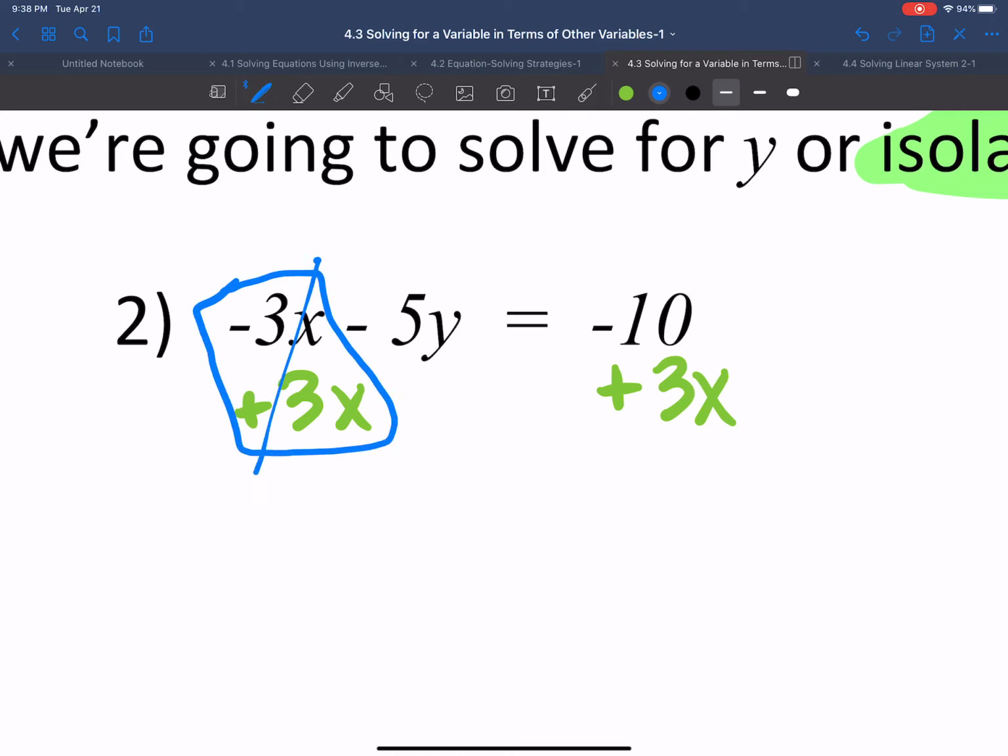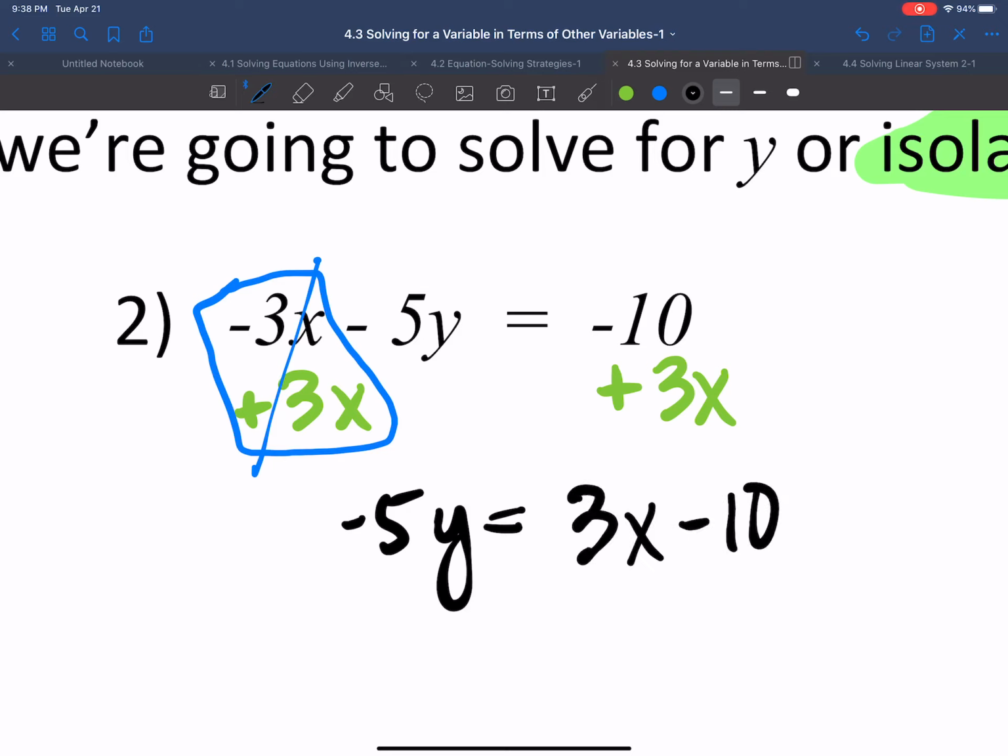So that becomes 0. I have -5y on the left side. On the right side, I can't do anything because they're not like terms, so I just write -10 plus 3x, or 3x minus 10. Positive 3x minus 10 means the same thing.